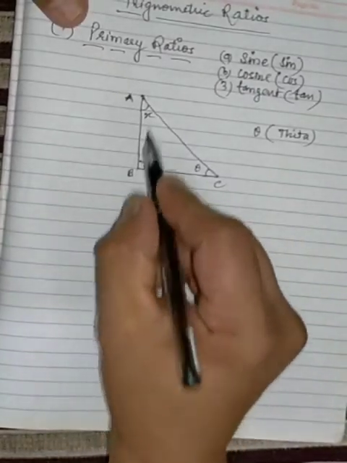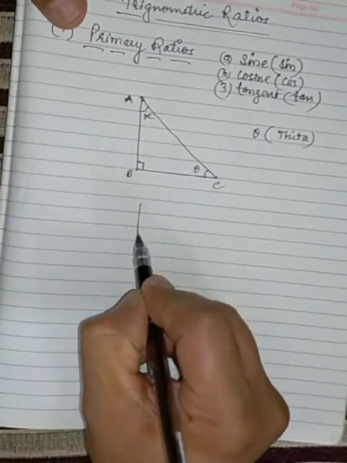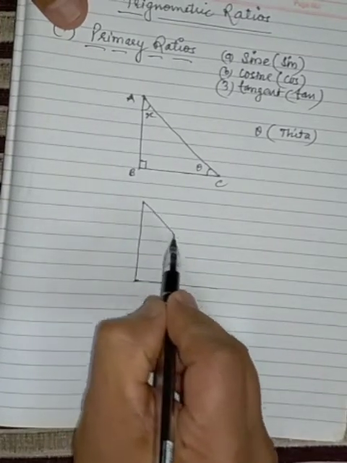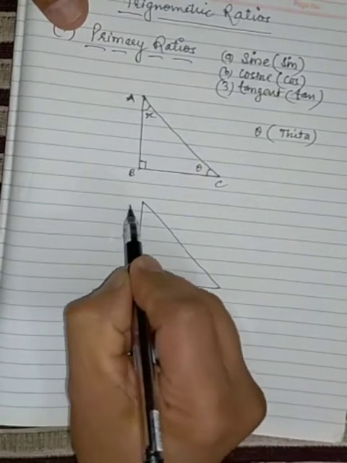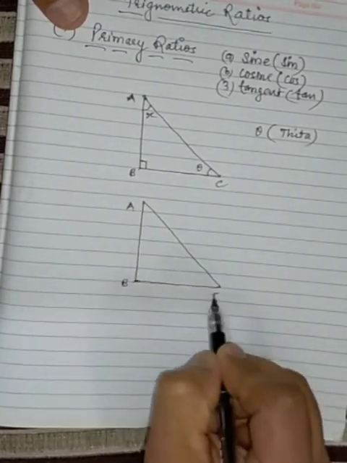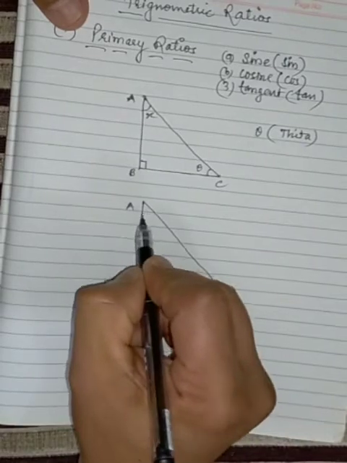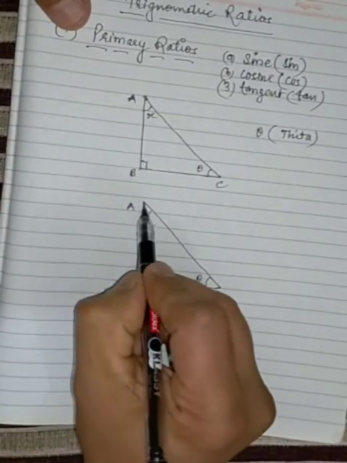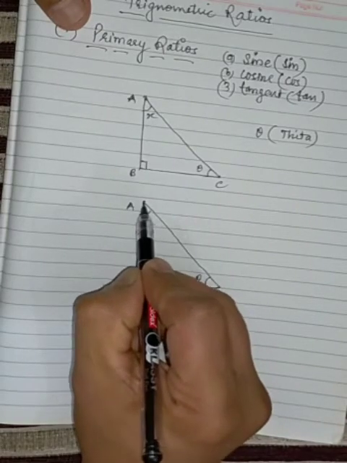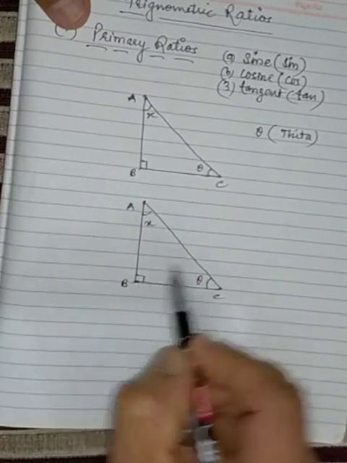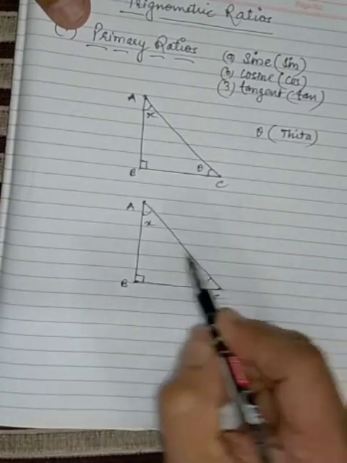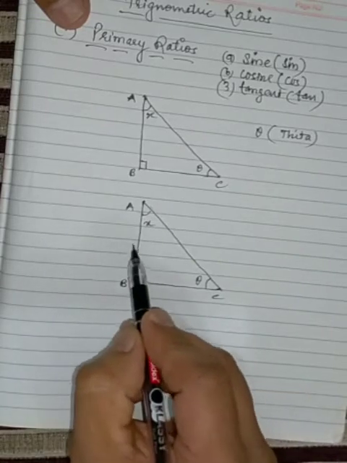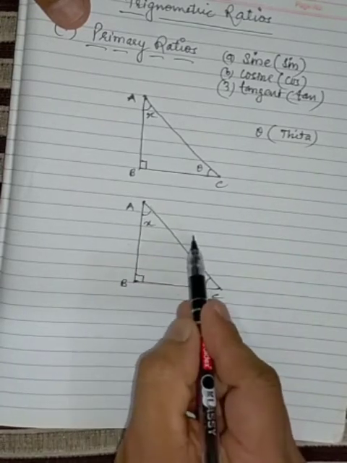Now I define one more triangle here, the same triangle, on which I will show you where these ratios exist for the triangle ABC. Let us see the point A. At this point A, where the perpendicular and hypotenuse of the right angle triangle ABC are joining, we have perpendicular, base and hypotenuse.